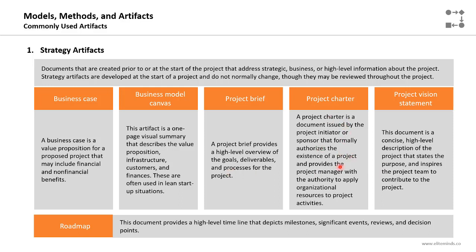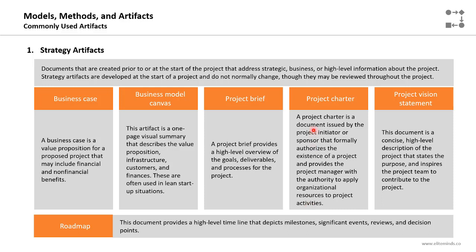One of the most important strategy artifacts that is usually created at the early phases of the project is the project charter. It can be defined as a document issued by the project initiator or sponsor that formally authorizes the existence of a project and provides the project manager with the authority to apply organizational resources to project activities.